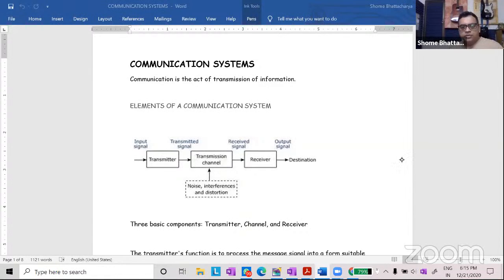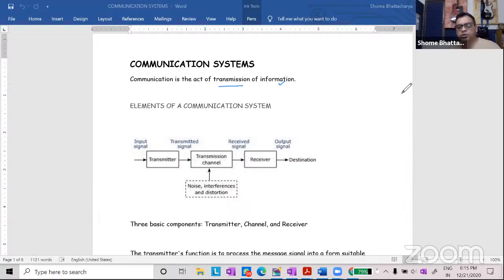All right, so let's understand the basic elements of any communication system. The broad definition of a communication system is very simple: any process in which we are transmitting information from one point to another is called a communication system. So whether we are transmitting information digitally or by electromagnetic waves, or physically by sending physical documents, it's all part of a communication system.